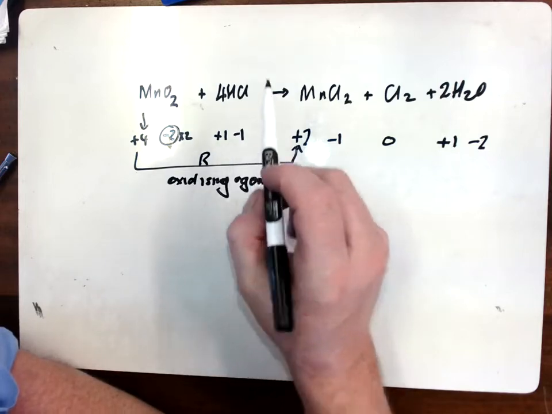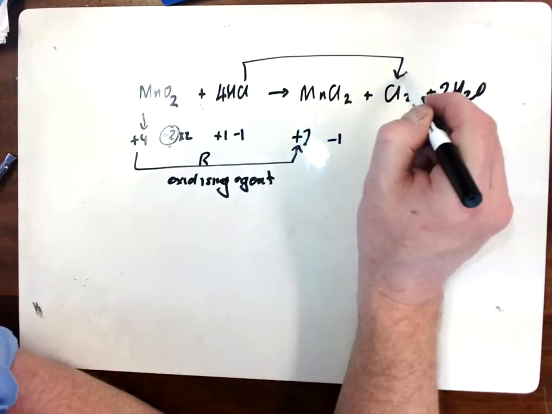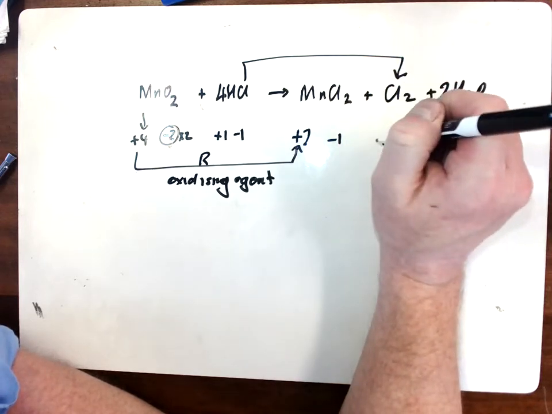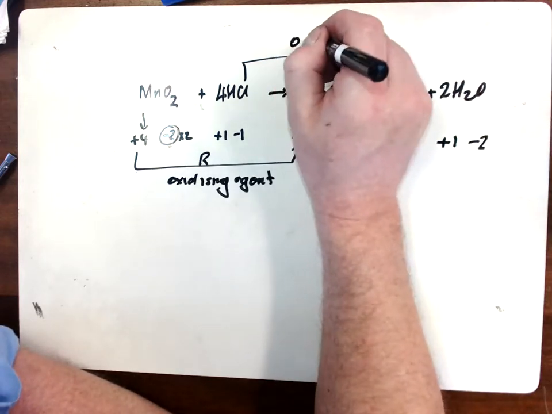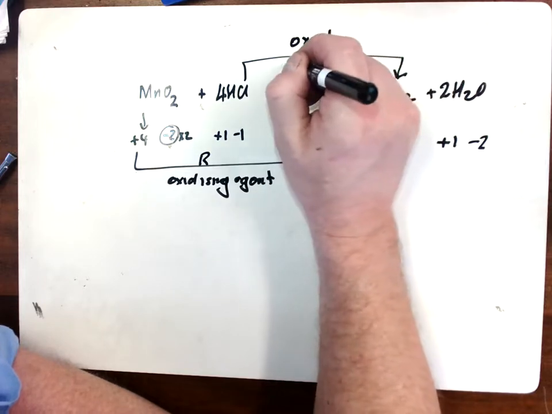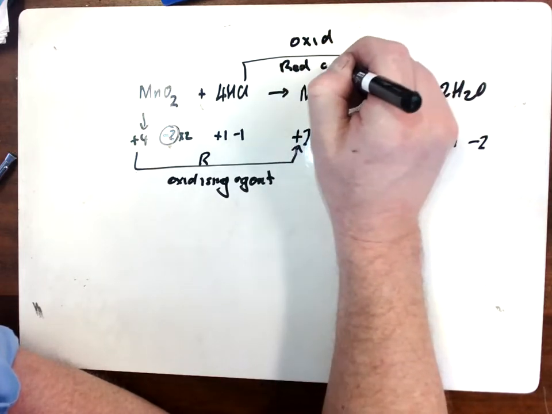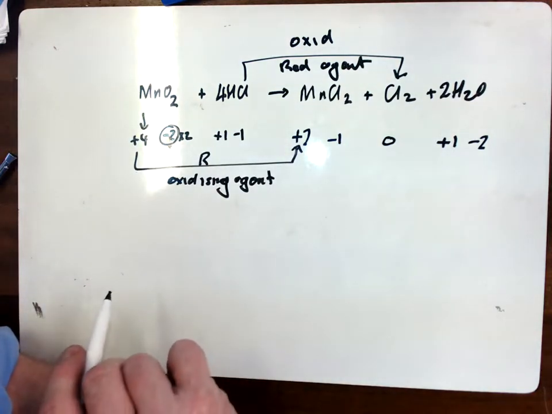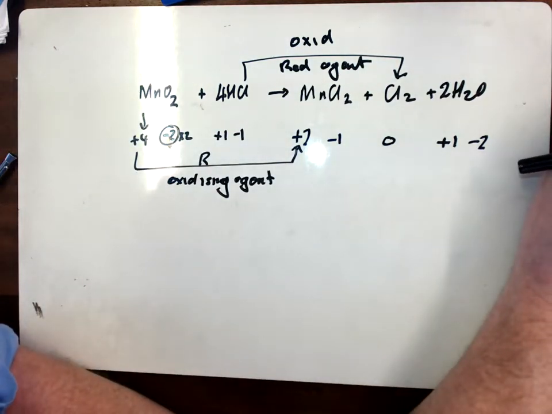Okay, and chlorine, some of the chlorines from here to here have gone from -1 to 0, so they have increased, so they have been oxidized, and therefore those are my reducing agent. Okay, and that's how we would use them to work out whether or not oxidation or reduction has actually happened.